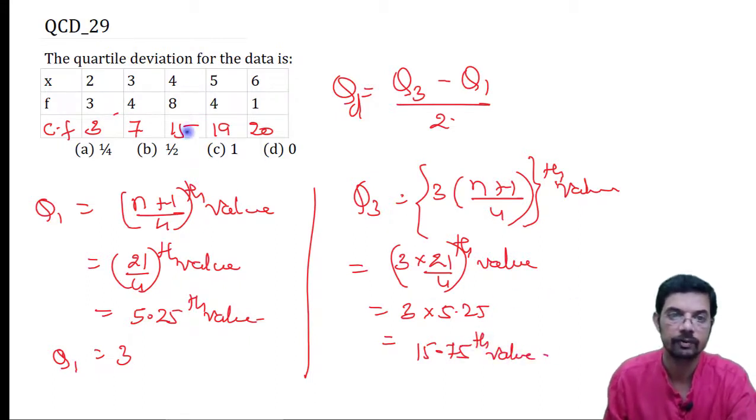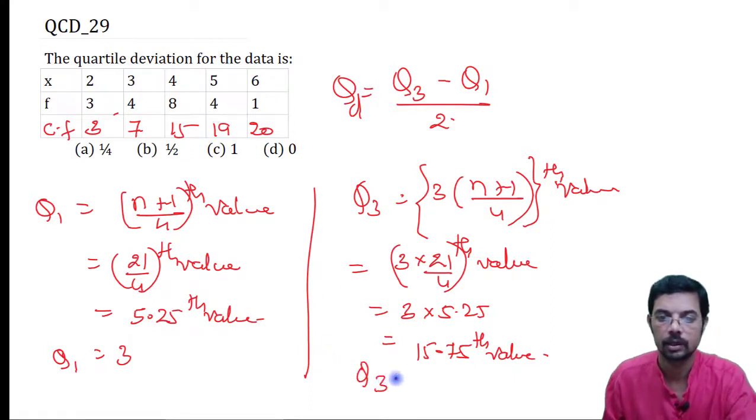Okay, 15.75 lies here, so Q3 is equal to 5.